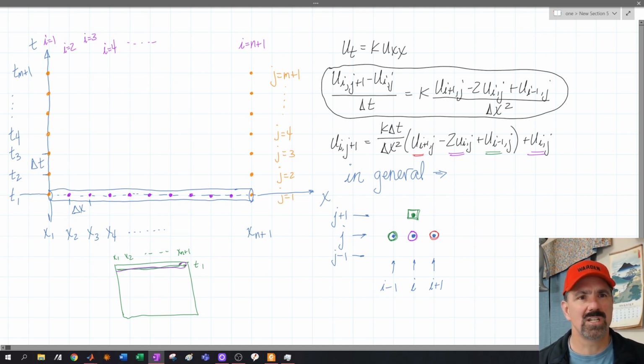Then I'm going to have the boundary conditions, in red, for all values of t, and they're never going to change. And these for all values of t are also boundary conditions.